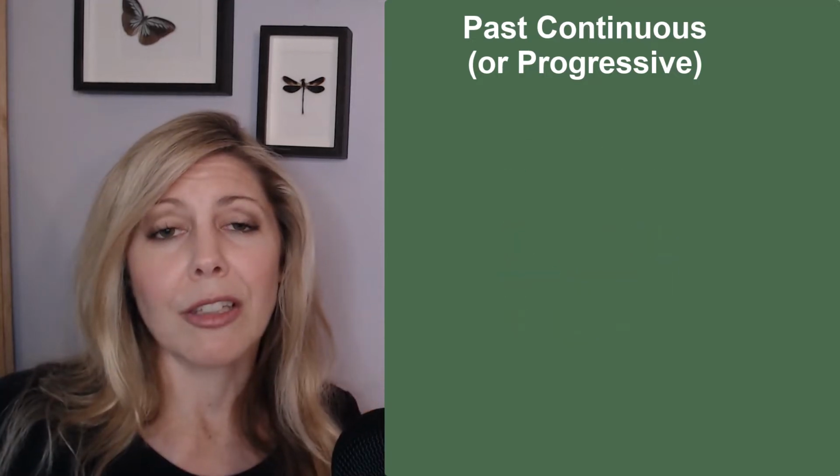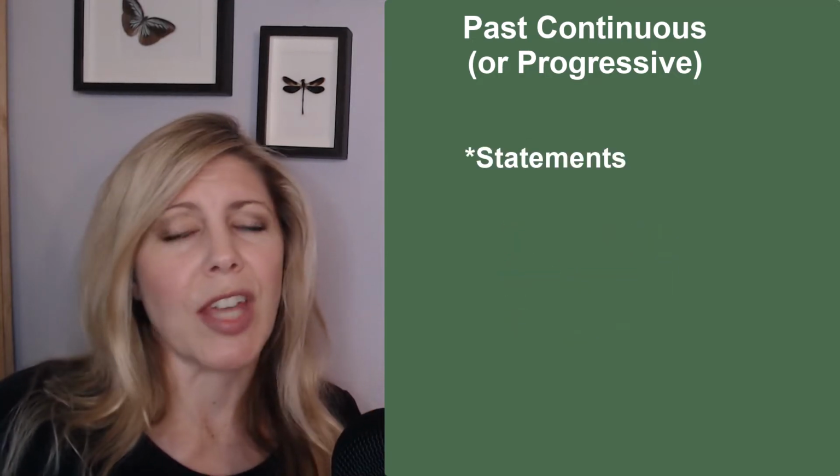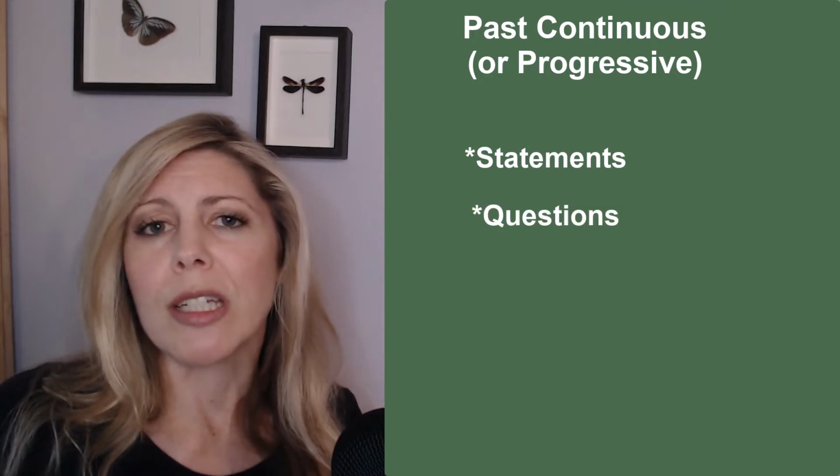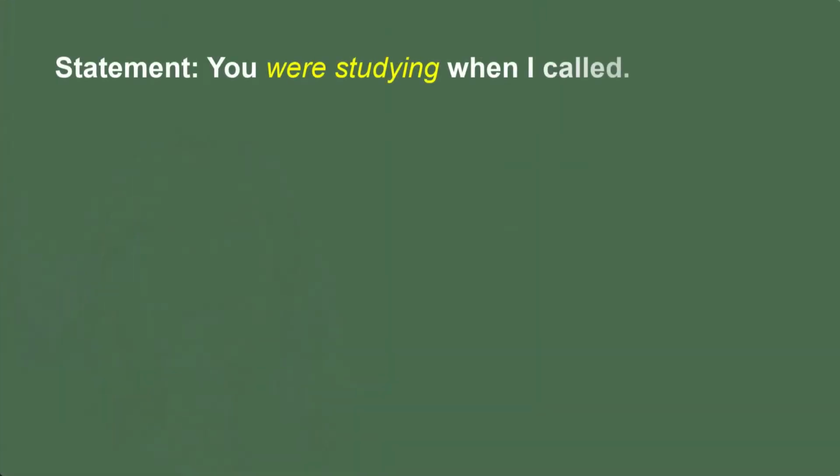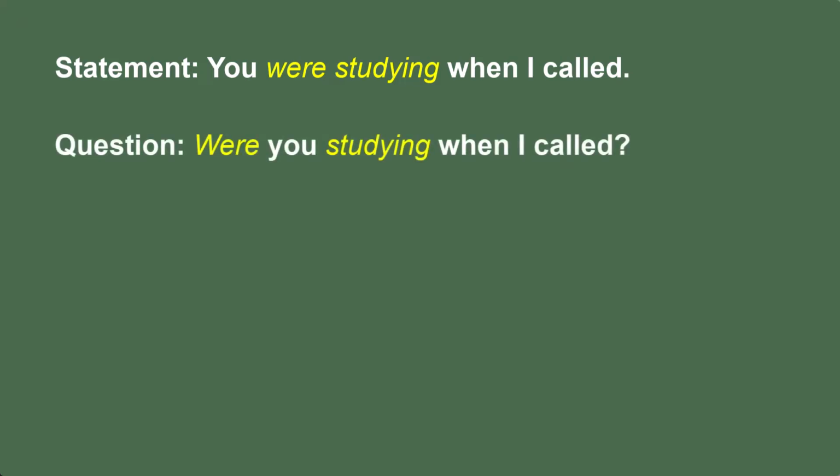So let's look at some structures. We have statements, we can have questions, we can use a negative. So here's another statement. You were studying when I called. You can also make this into a question. Were you studying when I called? And notice that we switch the subject and the verb. Instead of saying you were studying, we switch the verb.